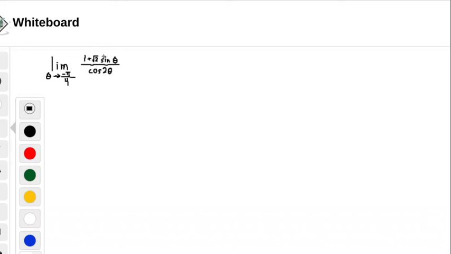So, think back to your unit circle. Sine of negative pi over 4. So that is in the 4th quadrant, meaning your sine is going to be negative square root of 2 over 2. And if you multiply that by the square root of 2, you're just going to get 1. Or you're going to get negative 1. So you have 1 plus negative 1, that's 0 on top.